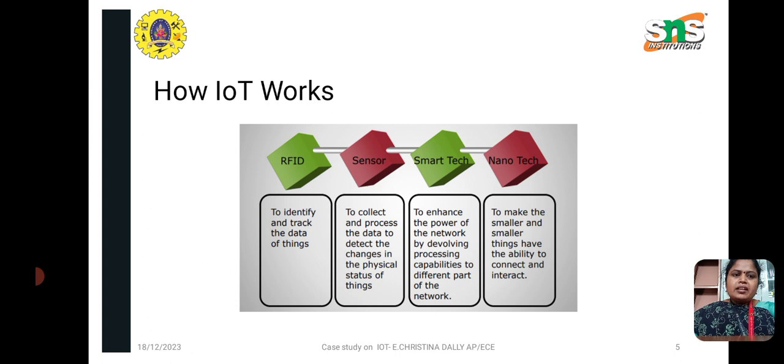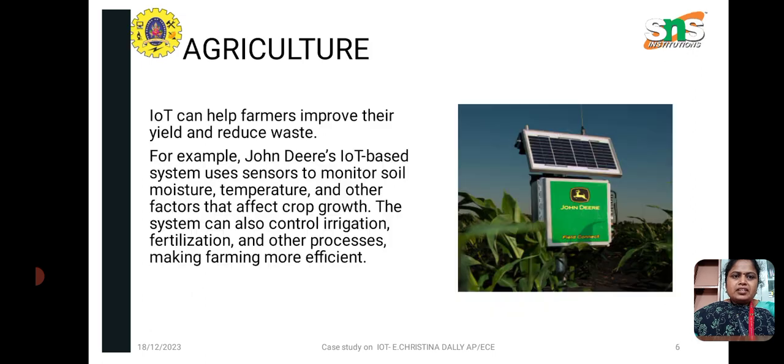We collect and process the data and detect changes. With smart tech, we enhance the power of the network and the processing capabilities of different parts of the network. And the last one is nanotech, to make smaller and smaller things that have the ability to connect and interact.